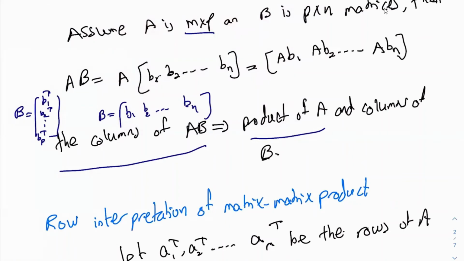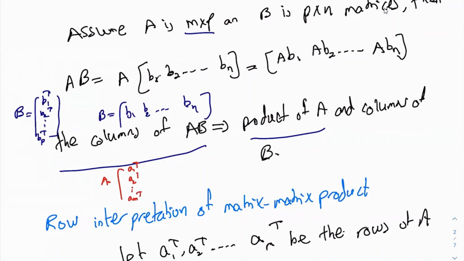So let's leave matrix A as it is, as a very generic matrix A, in this form: A1 transpose, A2 transpose, a row representation, all the way, how many rows? Am transpose.